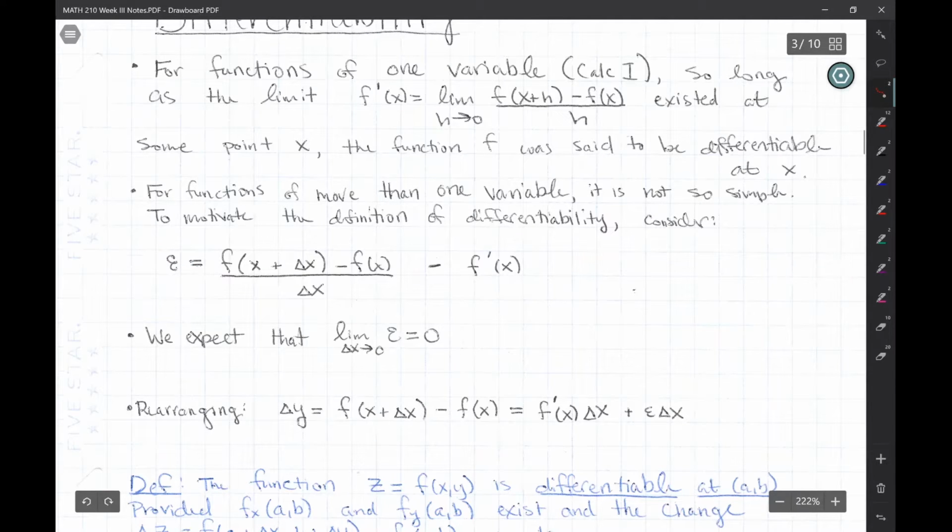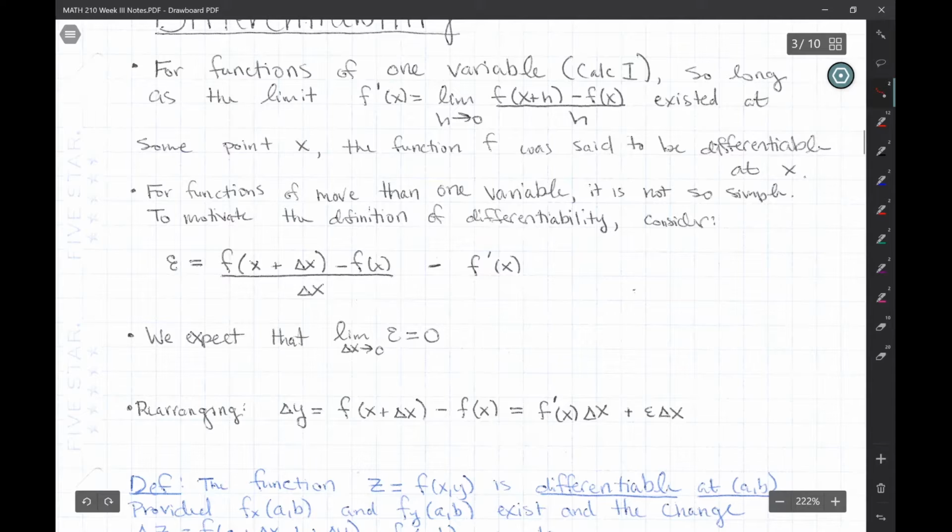Let's define epsilon as the difference between the slope of the secant line and the slope of the tangent line, right? The derivative gives you the slope of the tangent line, and this here is the slope of the secant line. Now, if the function is differentiable, and hence you have this equality here for f prime, well, the slope of the secant line should be equal to the slope of the tangent line, right?